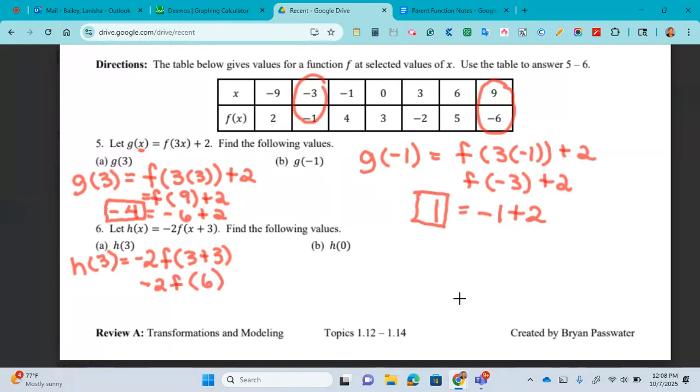What is my f of 6? 5. Excellent. And then that will be 5 times the -2, which will give me -10. Oh, so you just forget the f? Yes, because the f of 6 is my 5. Oh, okay, I see.